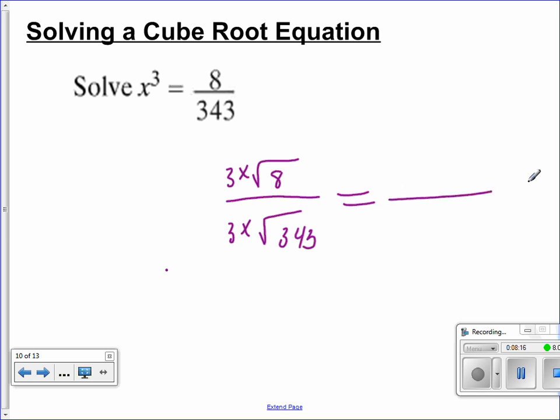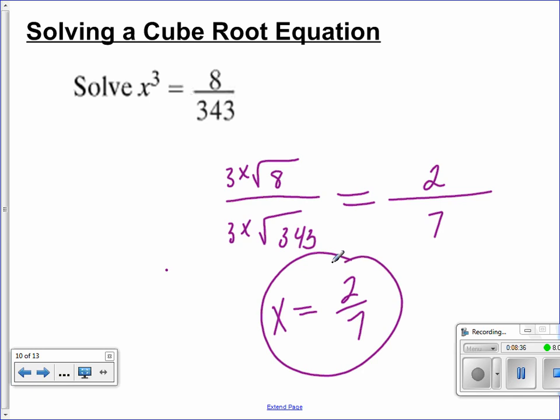So using your calculator, finding the cube root of 8, we know we're going to get an answer of 2. And then finding the cube root of 343 using your calculator, you get an answer of 7. So our answer, x, would equal 2/7.